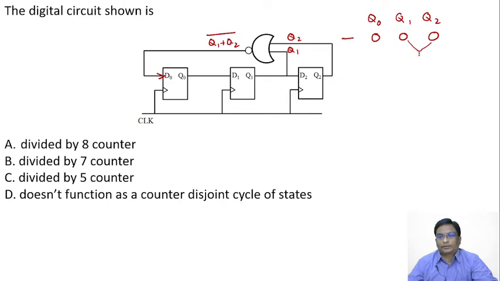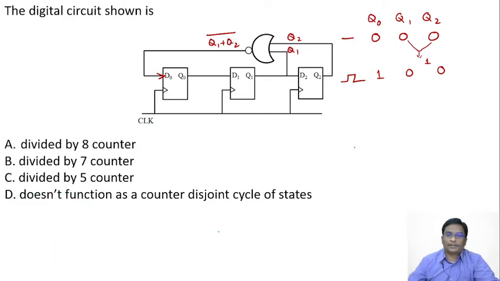What is 0 plus 0 whole bar? This is 1. If I give the pulse, this will be transferred to the next stage, and the NOR operation of these two will come to the first stage.